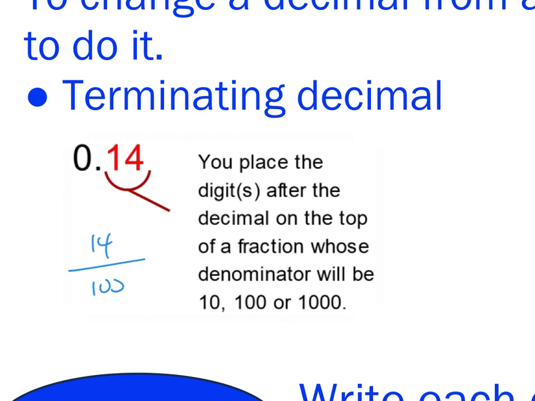The reason it's 100 is because there are 2 digits after the decimal, 2 zeros in 100, right? If there's only 1 digit after the decimal, then there's 1 zero. If there are 3 digits, there are 3 zeros, okay? So 0.14 is 14 out of 100.